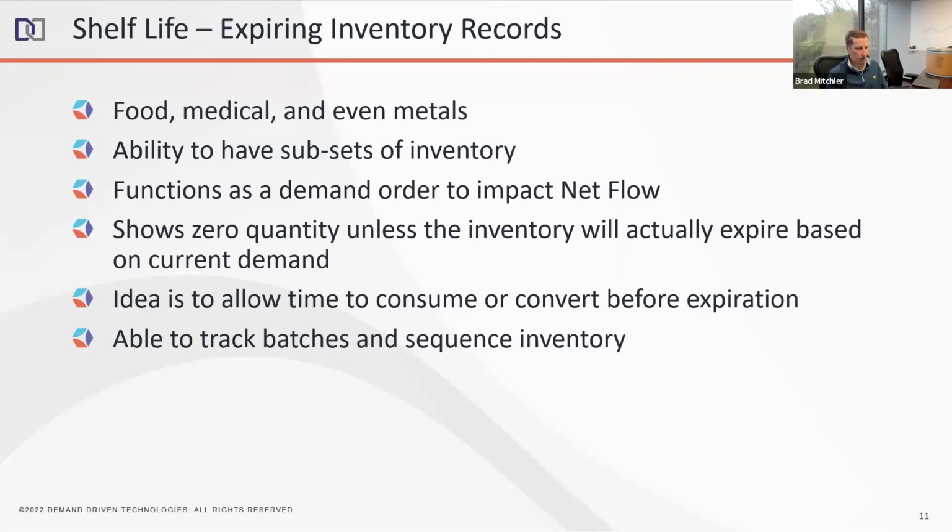So this allows time for consumption before inventory expires, but it gives us the ability to track batches and ultimately protect ourselves from an inventory and supply standpoint if we're going to suffer from that expiration.